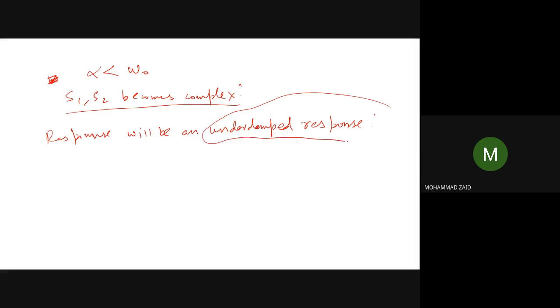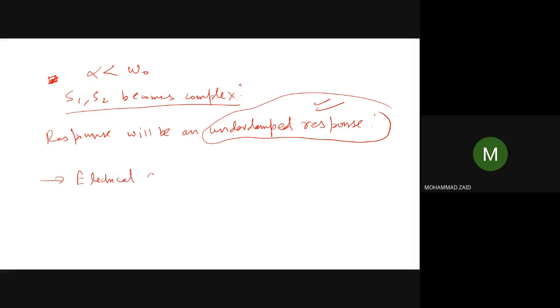So this is the underdamped response, which we were talking about earlier. Now, all these responses are usually observed in electrical circuits. Let us talk about the first response. Usually in electrical circuits we have all types of responses.